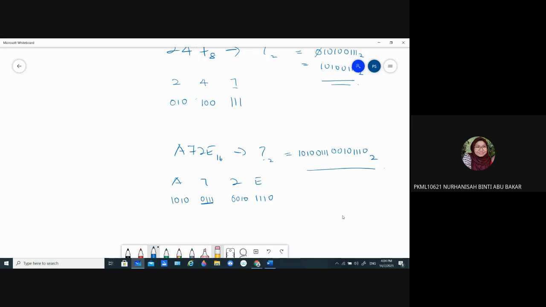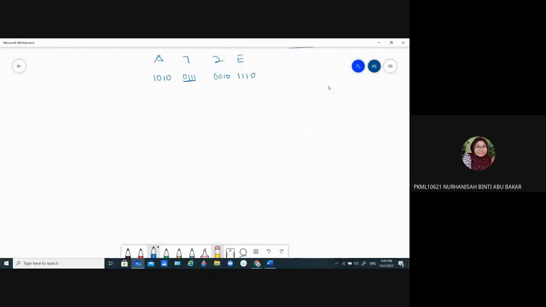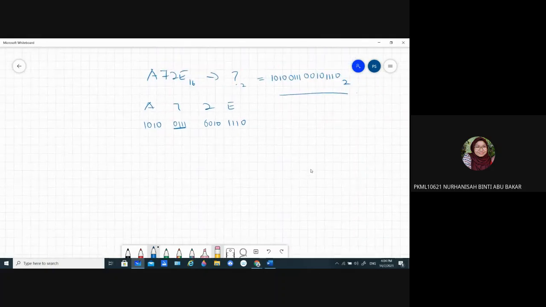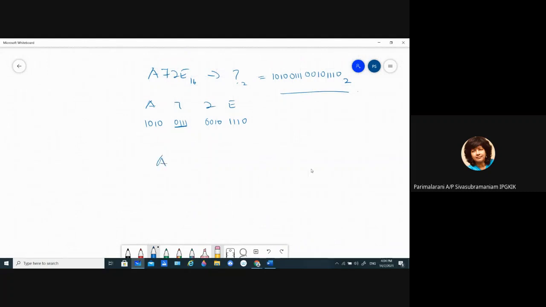Okay, so we know how to change from octal to binary and from hexadecimal to binary. And we also know how to change from binary to octal and binary to hexadecimal. What if we had the same number A72E, and we want to change this to an octal number?